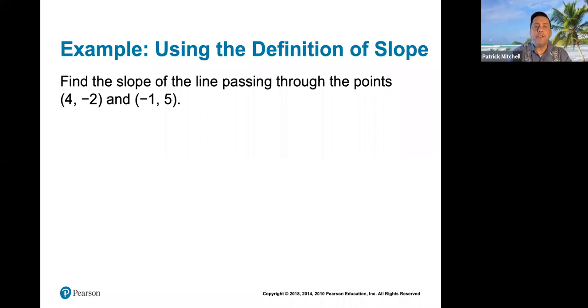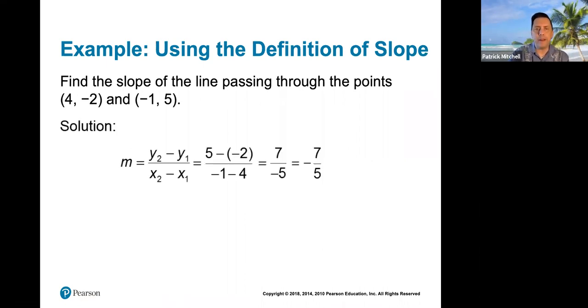For example, to find the slope of the line passing through the points (4, -2) and (-1, 5), we would use that formula. I always recommend labeling your points. It's easy to put numbers in the wrong place when you're using this formula. So label this one (x1, y1) and label the other point (x2, y2).